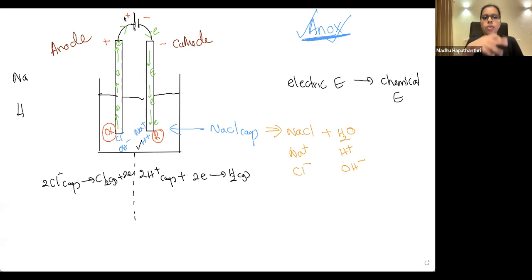Then think about the electron flow. Electrons cannot swim, so their journey ends here. Then someone has to accept those electrons. On the other hand, we have to complete the circuit, so someone has to release electrons at this end. Then those electrons climb up.